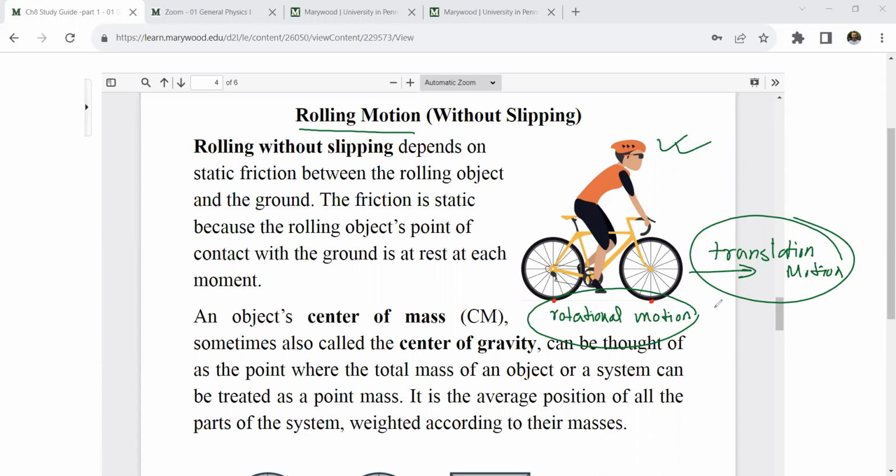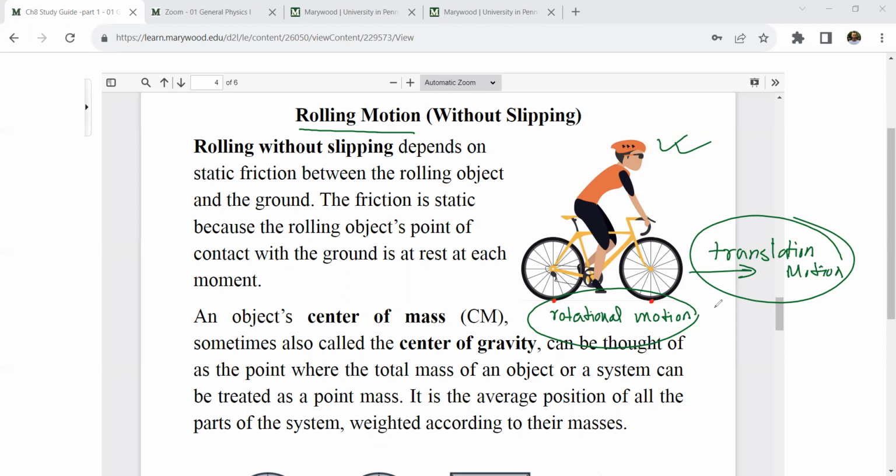You know that if you try to ride a bike or drive a car on an icy road, it is very difficult to do that. That's because there is not enough static friction between the wheel and the ground.